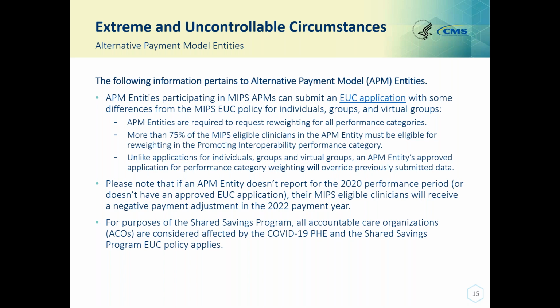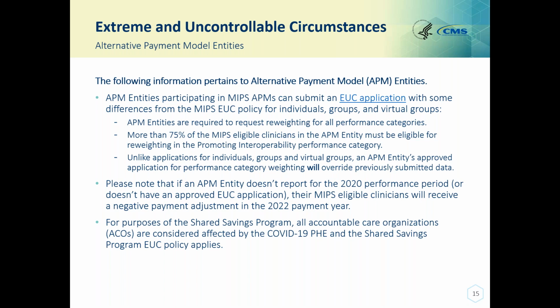Extreme and Uncontrollable Circumstance Application User Guide on the Quality Payment Program webpage. Please note there is some difference in the extreme and uncontrollable circumstance policy for APM entities than from the MIPS Extreme and Uncontrollable Circumstance Policy for individuals, groups, and virtual groups. APM entities are required to request reweighting for all performance categories.